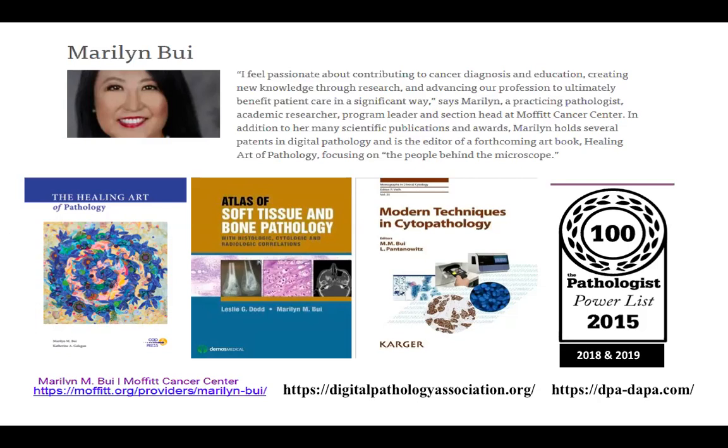I know our job is very important. I'm trying to use this book to connect pathology with the patients and with the public, to recognize the talent, the passion, the people behind the microscope. So check all those out.